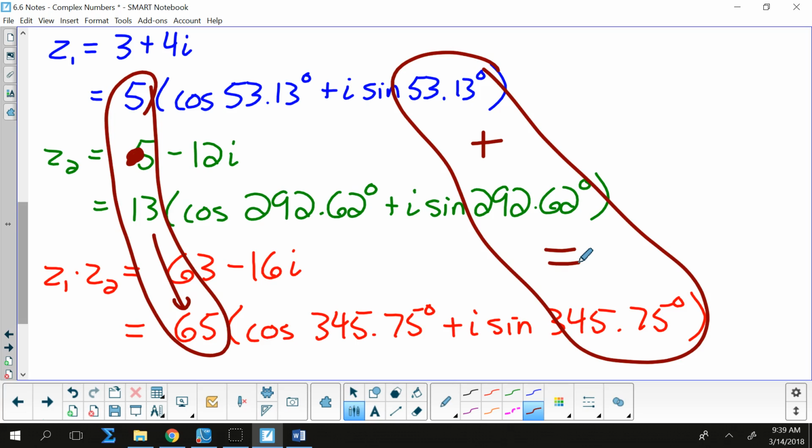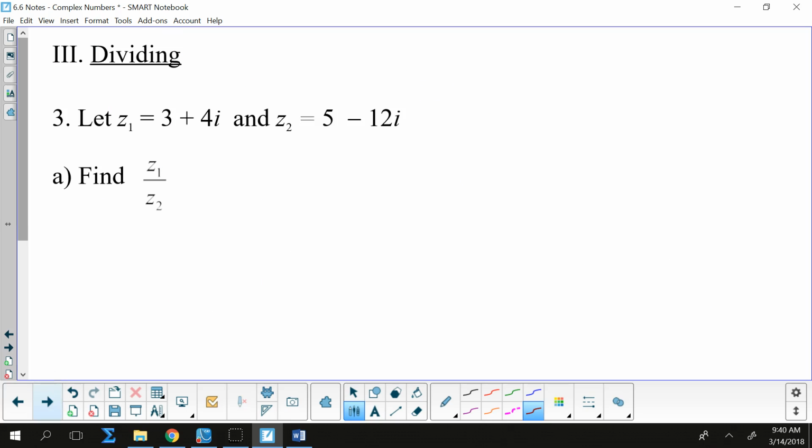Alright? Now, I added this next slide, so you're going to have to do a little sidebar action on this next slide. But now I want to tweak this to division. Okay? So if I still have z sub 1, and I still have z sub 2, but now I want to divide them, it would look like that, right?